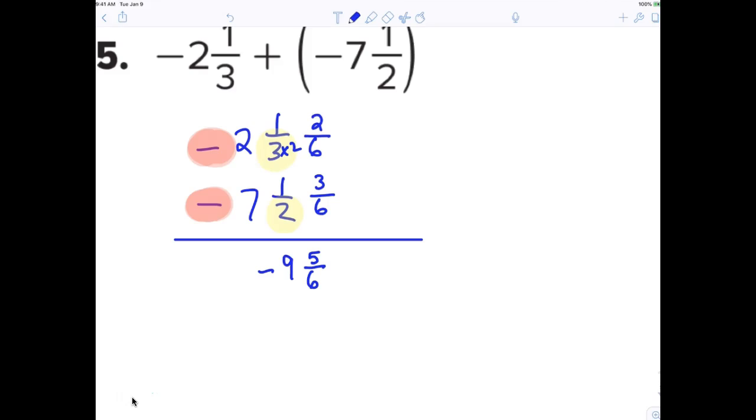I'm trying to get him to explain. What are you asking me? So when I see negative 2 and negative 7, which is negative 9. You're brilliant. All right, that's fine. Everything is good, as long as you understand.